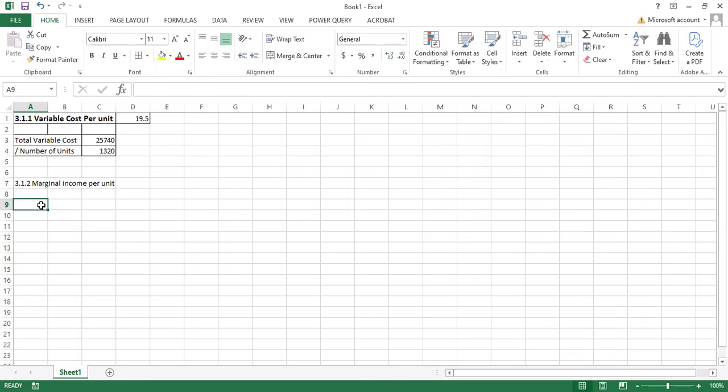So, we must know that the formula to calculate this is selling price per unit, you say less variable cost per unit.